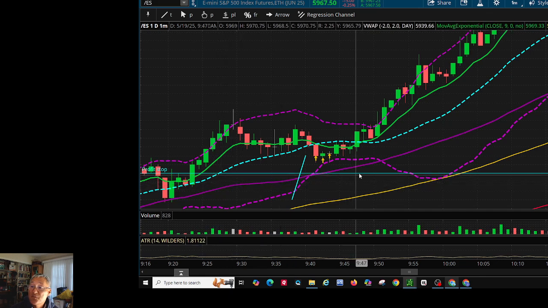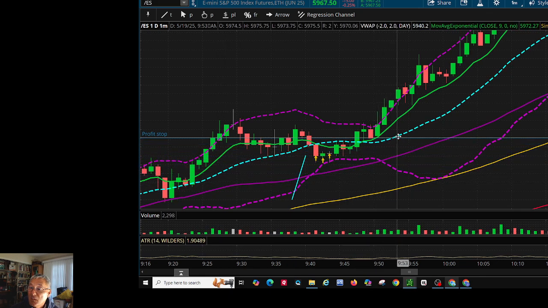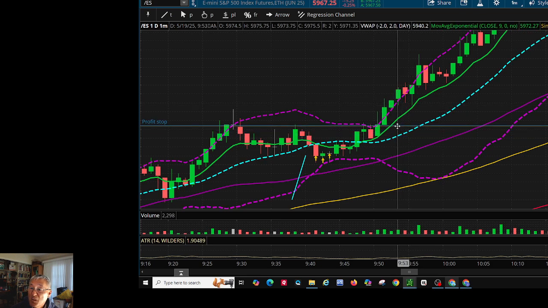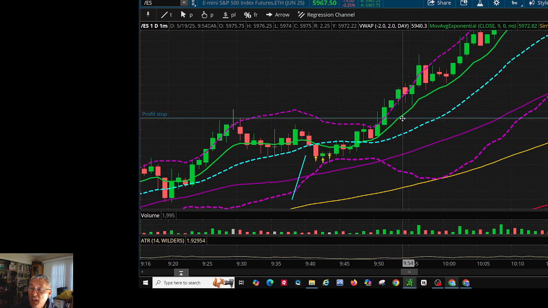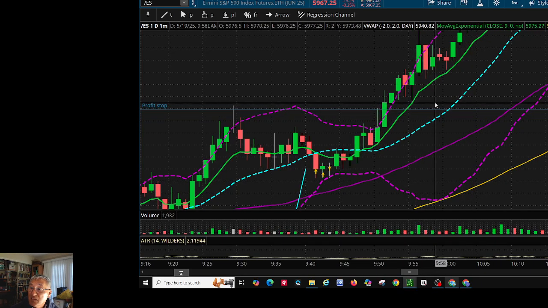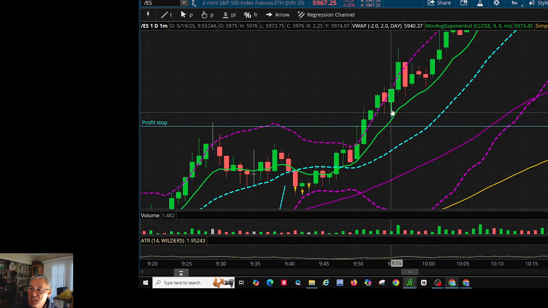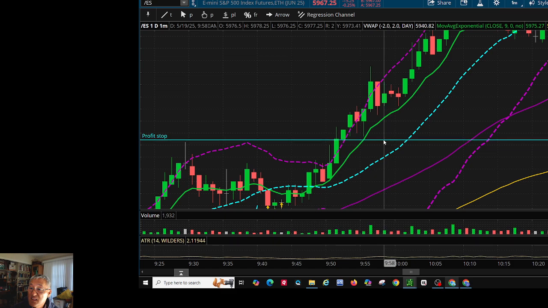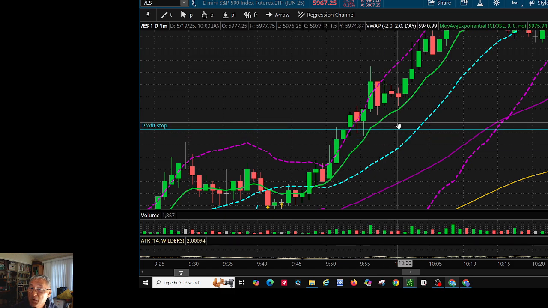From that point on, you want to follow your profit just slightly below the last candle here, and you want to be below the 1 minute 9 EMA. So you just slowly creep this up. It hits here, moves up nicely, so now you can move your stop up to here.